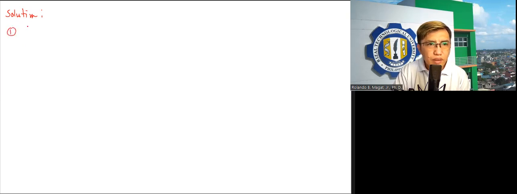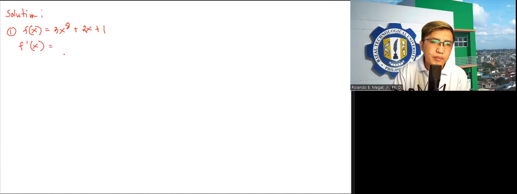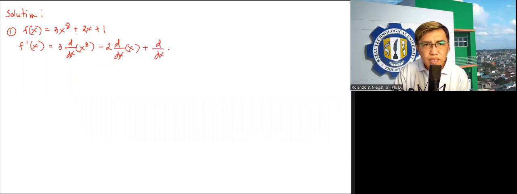So number 1, we have f of x is equal to 3x to the 8th power minus 2x plus 1. So f prime of x is 3 times d over dx of x to the 8th power, minus 2 times d over dx of x, plus d over dx of 1.